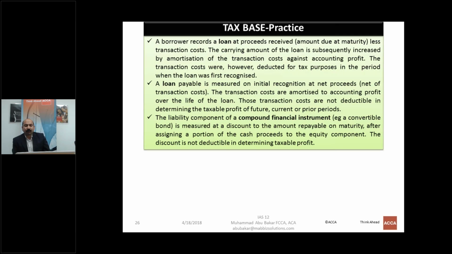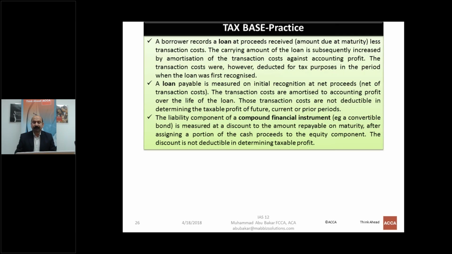The transaction costs were, however, deducted for tax purposes in the period when the loan was first recognized. A loan payable is measured on initial recognition at net proceeds, net of transaction cost. The transaction costs are amortized to accounting profit over the life of the loan. Those transaction costs are not deductible in determining the taxable profit of future, current, or prior periods.